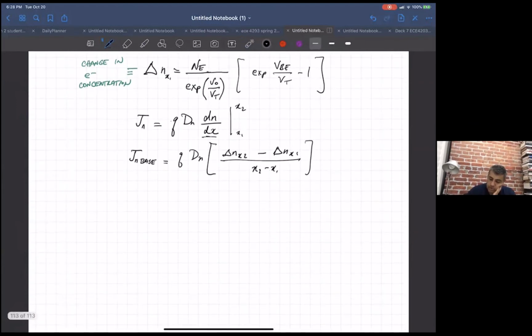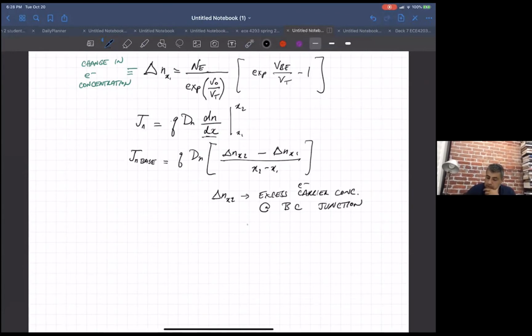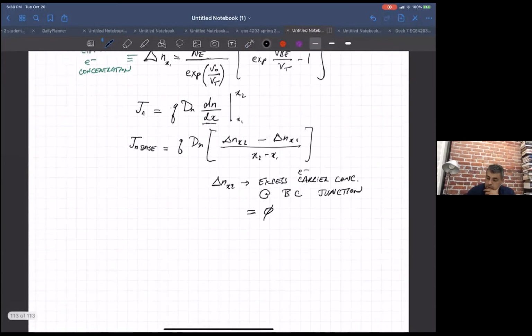Okay, so now this delta n at x2 is the excess carrier concentration, or electron concentration, at the base-collector junction. We said that is 0.